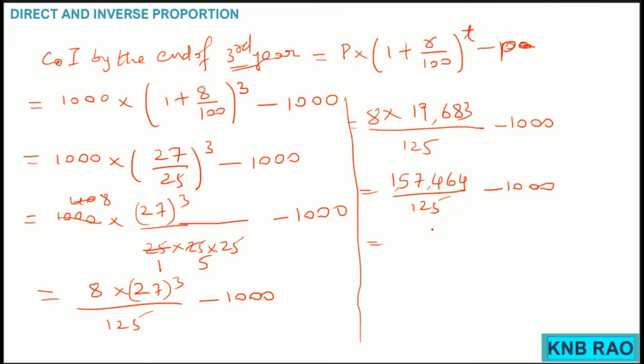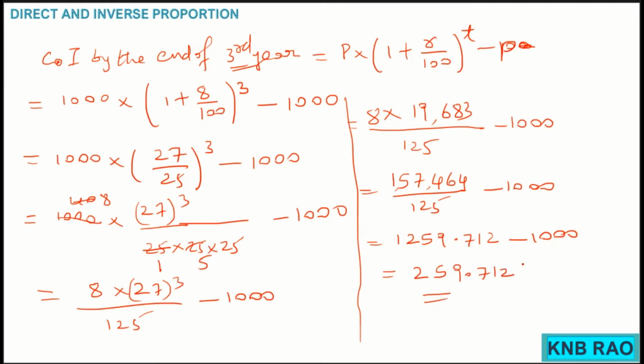So 1,57,464 divided by 125 becomes 1,259.712, minus 1000. From 1,259.712, 1000 is removed, which gives you 259.712.